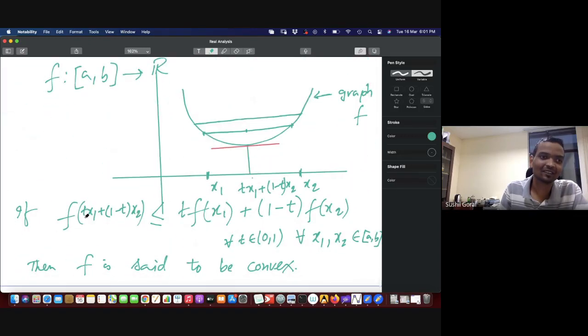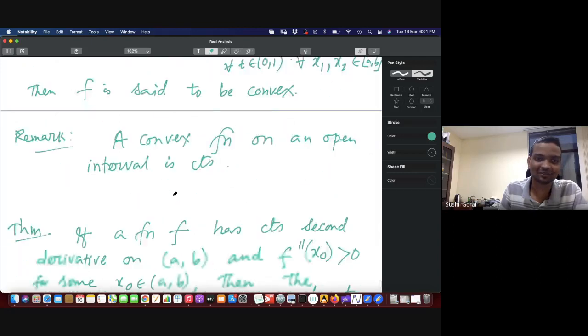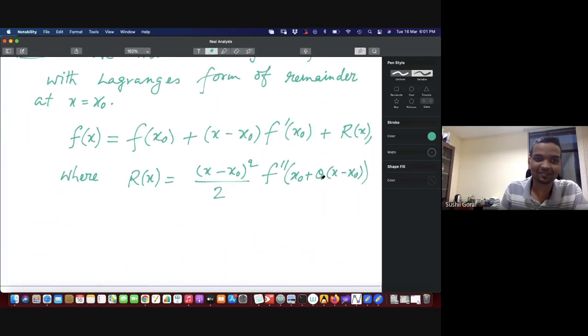This one, t x1 plus 1 minus t x2. This is theta x plus 1 minus theta x naught for some theta belonging to 0, 1.